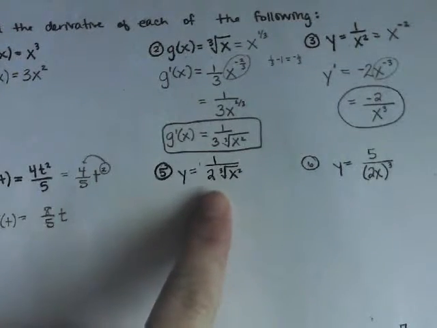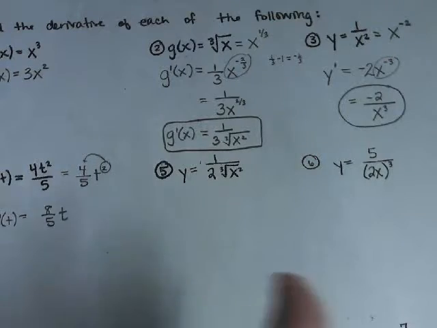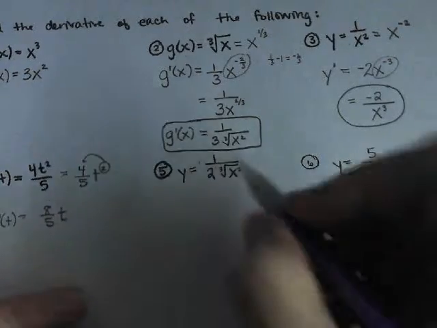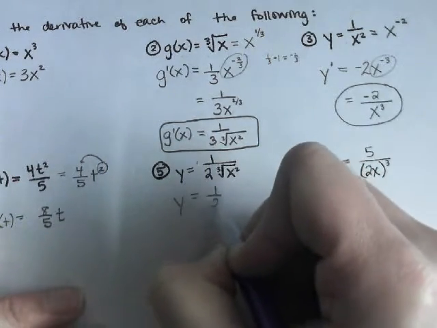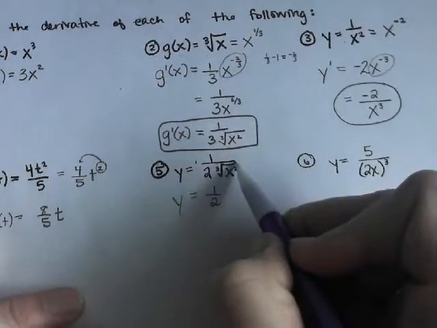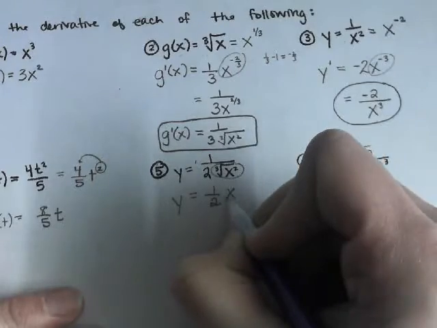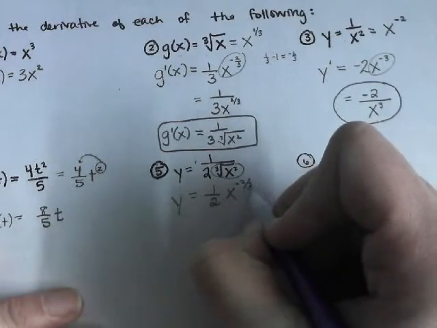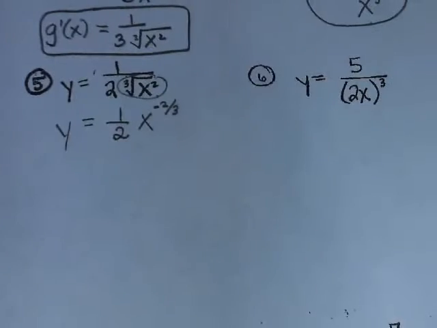In 5, again, the rewriting in the beginning is starting to become more important. I would rewrite this as y equals 1/2, and then this would have been x to the 2/3, but it's in the denominator, so I'm going to write it as x to the negative 2/3. So it's kind of in the numerator now.